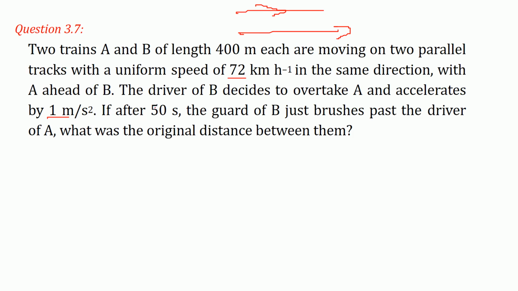If after 50 seconds the guard of B just brushes past the driver of A, what was the original distance between them? So after 50 seconds, this is very important, this has to be taken into account in the question, that after 50 seconds when he attains 1 meter per second square acceleration, this guy sees the back of the train, or you can say the driver sees the guard.